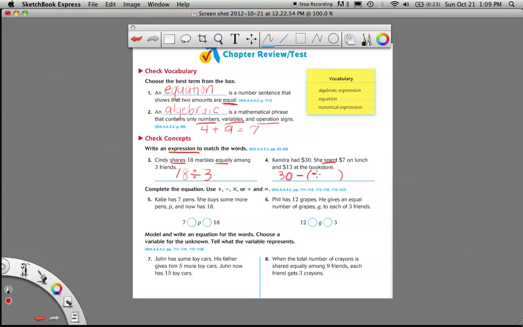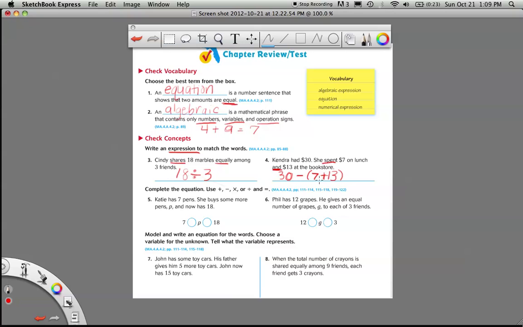First, she's buying some lunch for $7. And, there's my second math word, and means add. And she's buying books that cost $13. So remember, when we go to the store, at the cash register, they start scanning all your items and they're adding up everything that you buy, and then you have to give them your money.